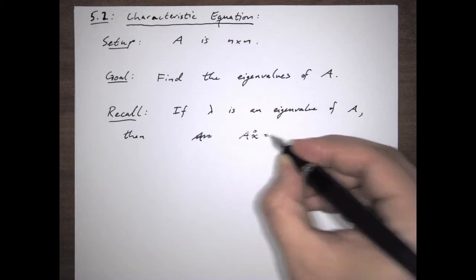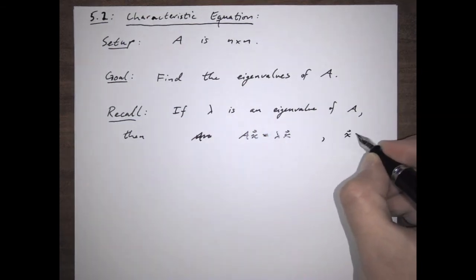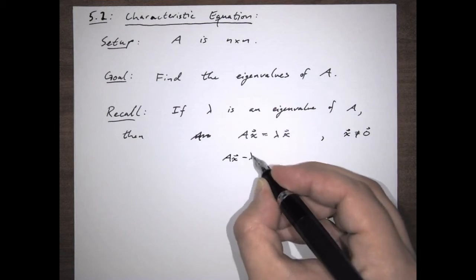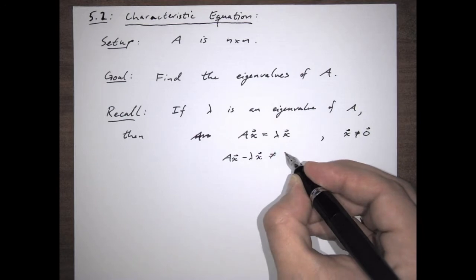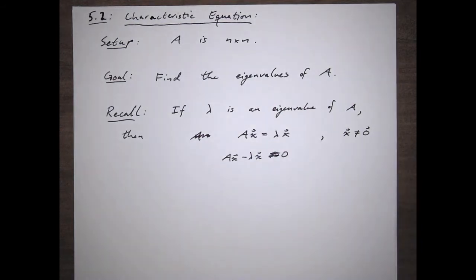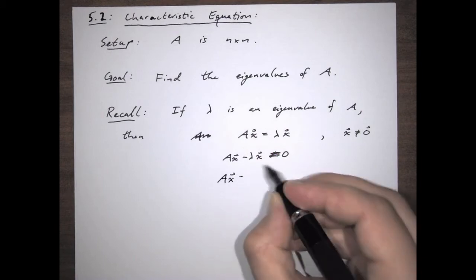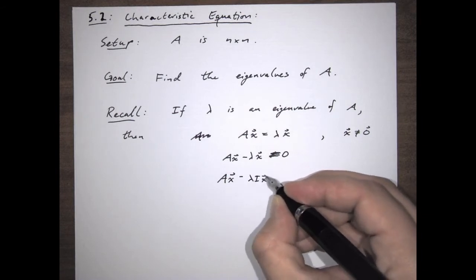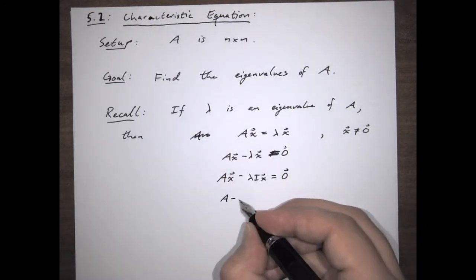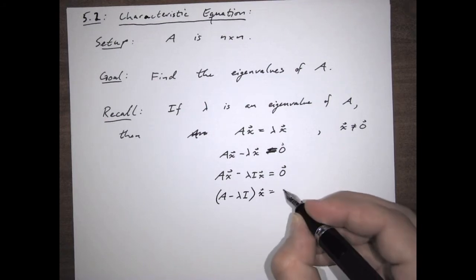Then Ax equals lambda x for some x not equal to the 0 vector, which then means Ax minus lambda x equals the 0 vector, which then means that Ax minus lambda I x is still 0, which means that A minus lambda I times x equals 0.